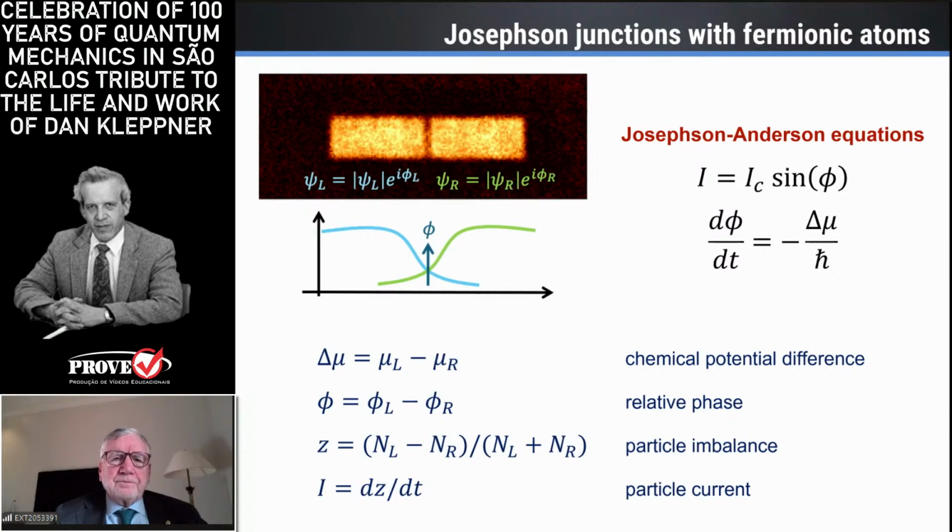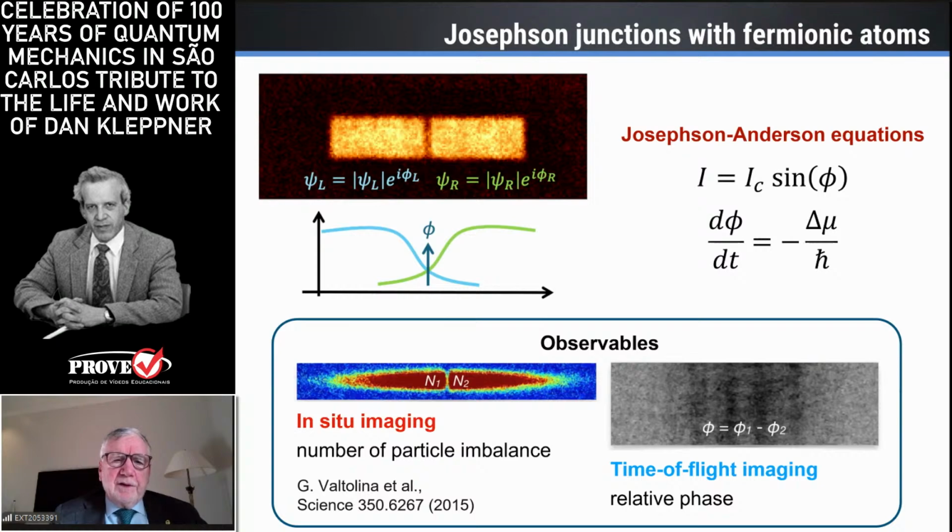You can tune the characteristics. So essentially, you can re-observe the physics with precision. Here, in this case, also with in situ imaging of fermions going to one side or the other, with a particle number imbalance, which will allow exactly this change of chemical potential and then going up and down.